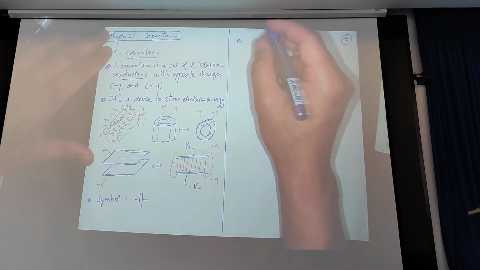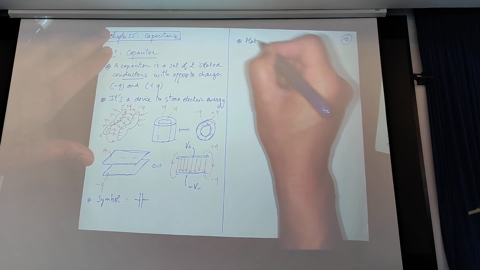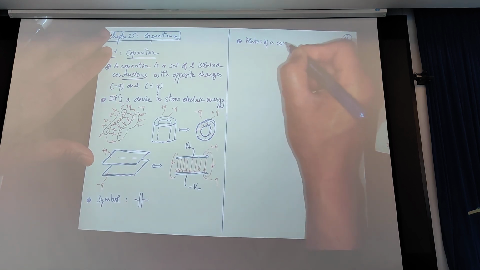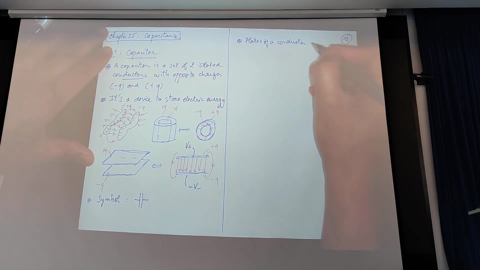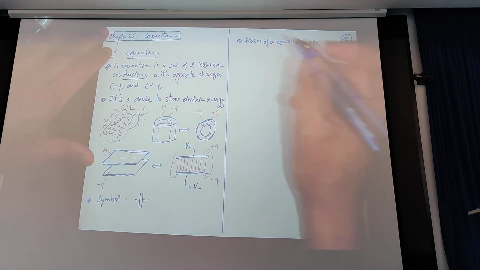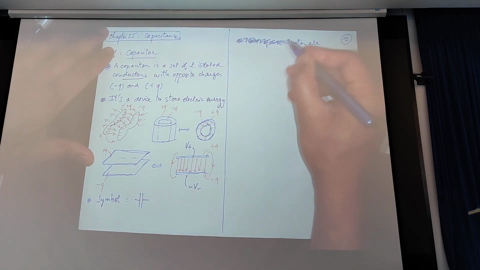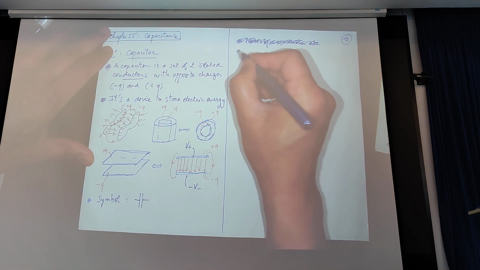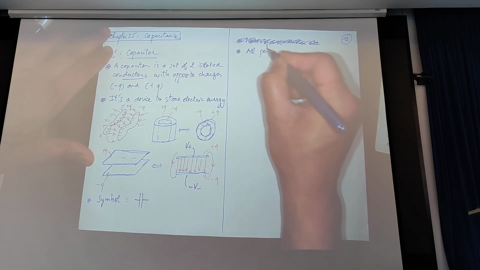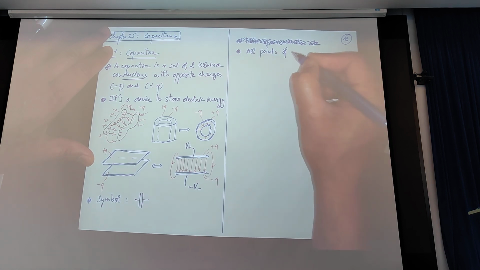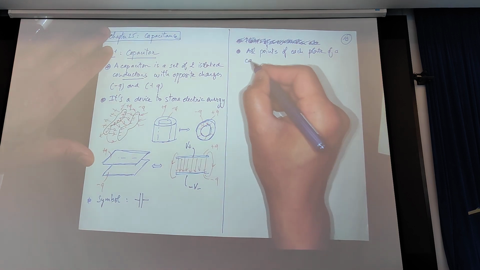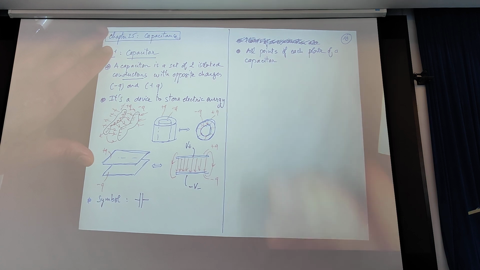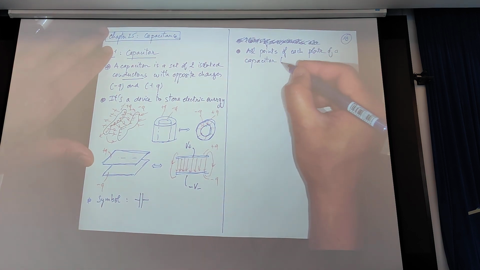So all points of each plate of a capacitor have the same potential.